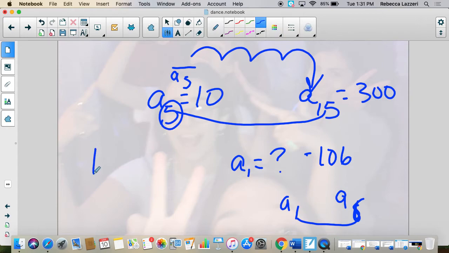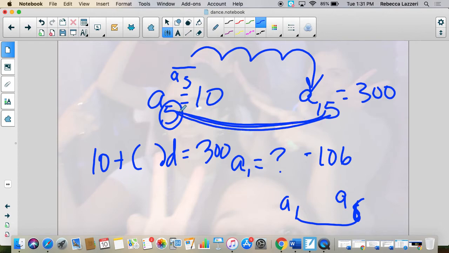The 5th term is 10. Then I added some amount of the common difference and I arrived at 300. Do y'all see the common sense? I'm starting here at the 5th term and I'm gonna just start adding something until I get to the 15th term, and how many of them am I gonna add? 15 minus 5 is 10 terms.